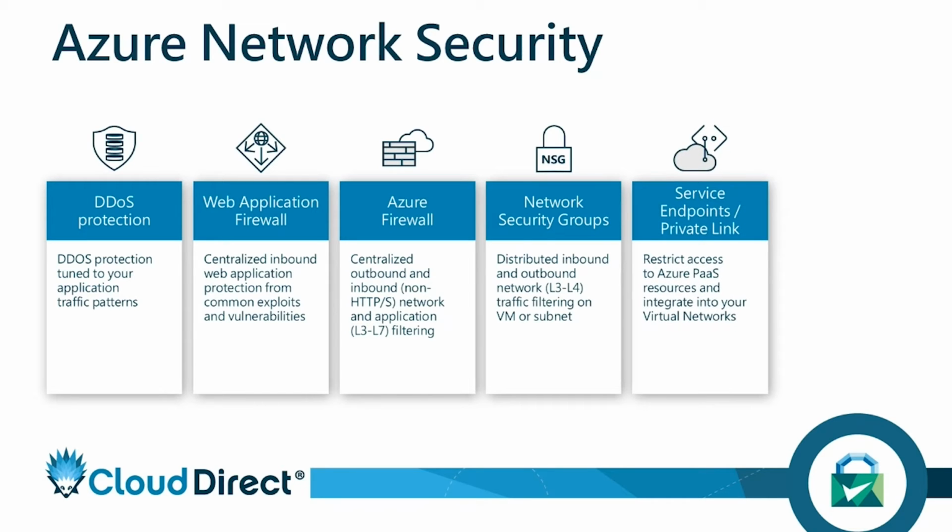Service endpoints and also private link. This is really a way of securing PaaS resources. If you're using things like storage accounts or Azure SQL, Azure Container Registry, Cosmos DB, all of these PaaS services, they basically reside on a public IP address on the Azure backbone network.